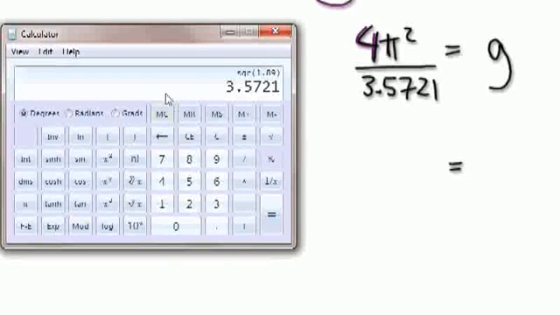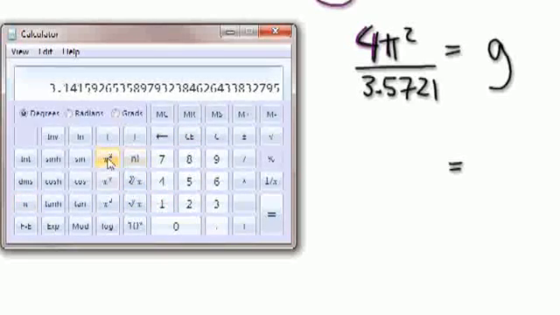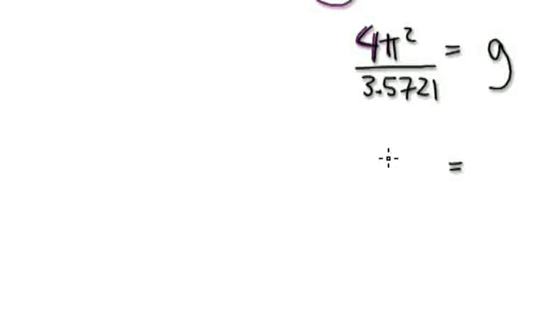So let's do 4 pi squared. Clear it. Hang on. So now pi squared, and then times 4 equals this. 39.5 roughly. Let's say 39.5 over that number there.